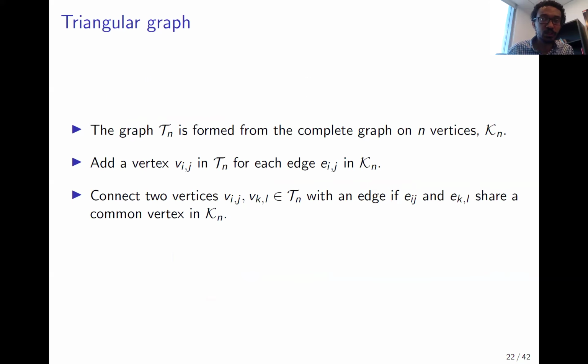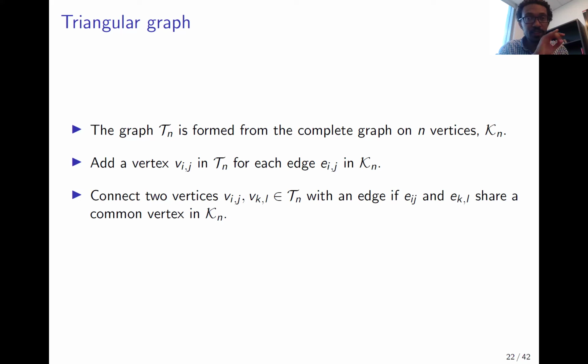To do that, let me first describe what's called a triangular graph. The triangular graph can be formed from the complete graph on n vertices, which I'm denoting here by Kn. Here is how it is formed. Every time we have an edge Eij in Kn, we add a vertex Vij in our triangular graph. So each edge in the complete graph maps to a vertex in the triangular graph.